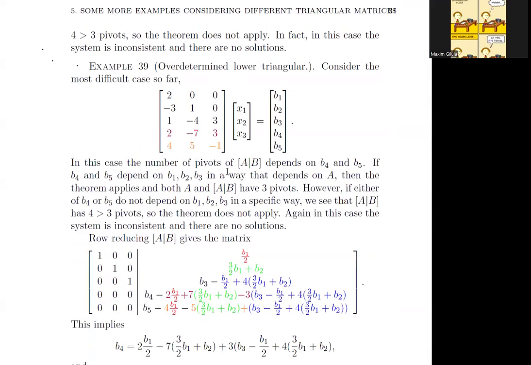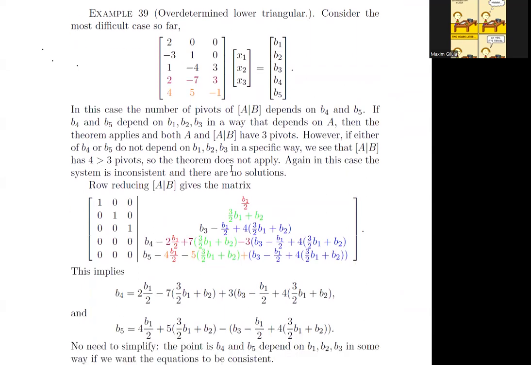Here's the most difficult case out of these, overdetermined and lower triangular. So we have 3 unknowns and 5 equations, and the number of pivots of AB actually depends on B4 and B5, or any other 2 of the variables, but B4 and B5 are easier.